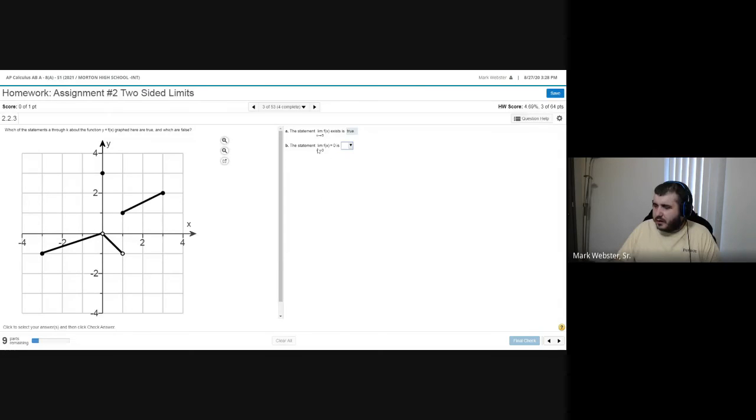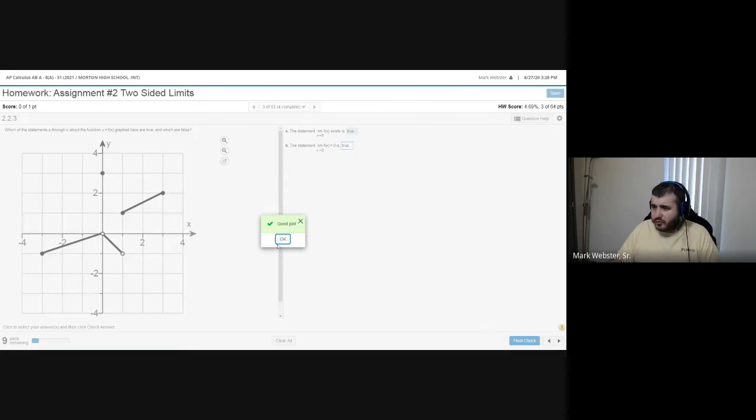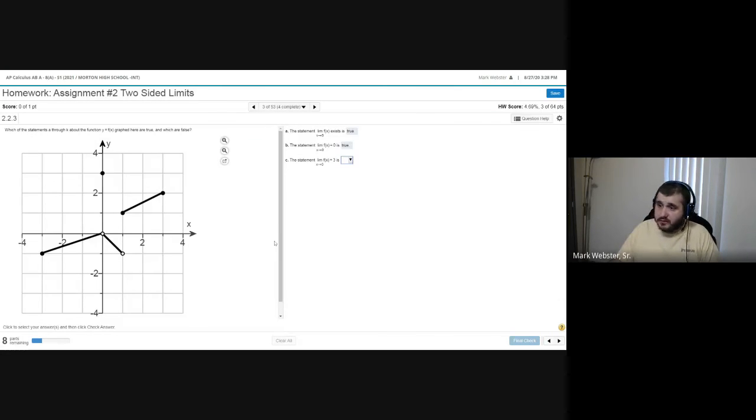The statement, the limit of f of x as x goes to 0 equals 0. From both directions, do they both go to 0? So it's true. And so that's the question that you're asking: is that where it goes?